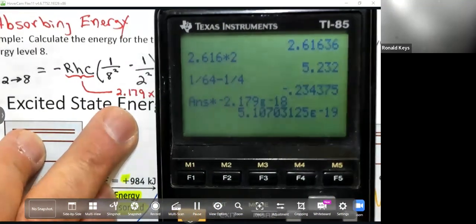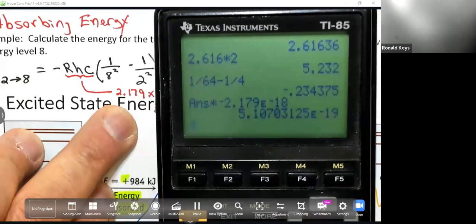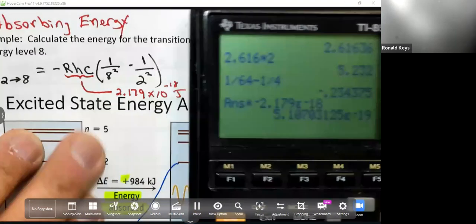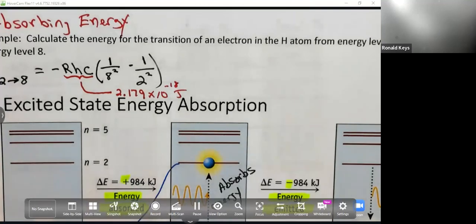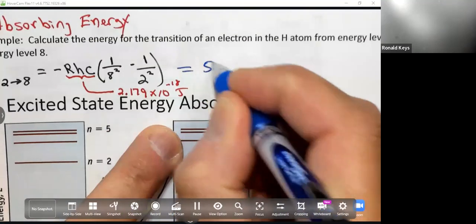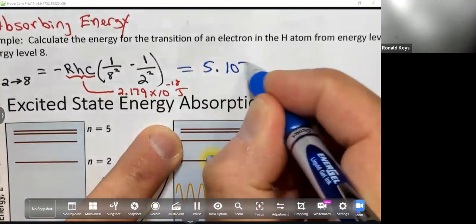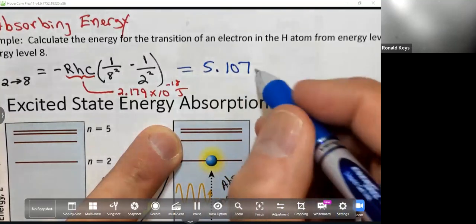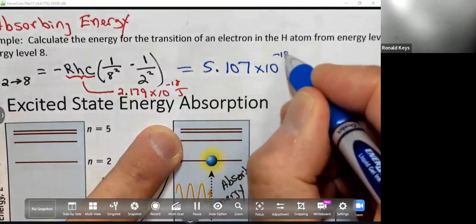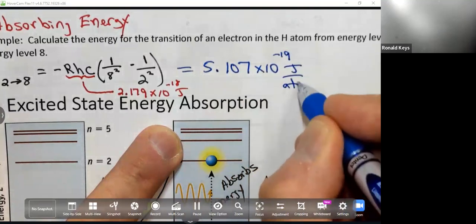So we get 5.107 times 10 to the minus 19. That's probably the quickest way to do it. And we'll put this in 5.107 times 10 to the minus 19 joules per atom.